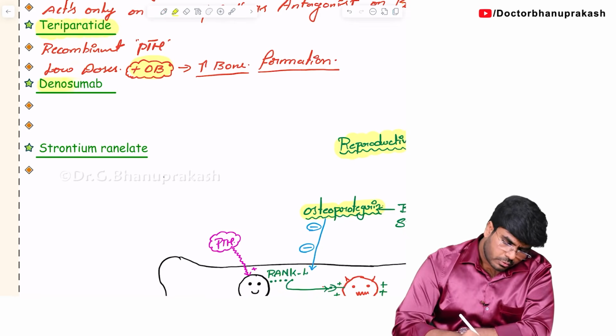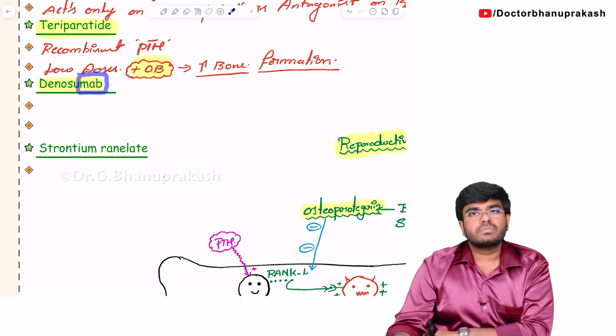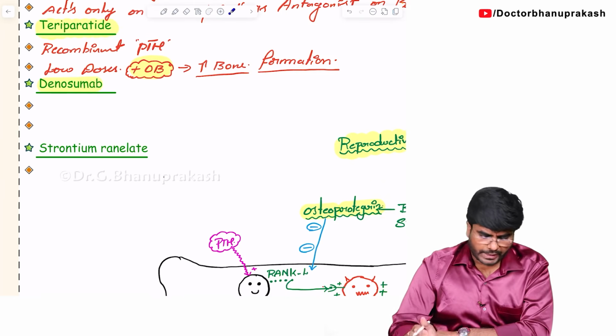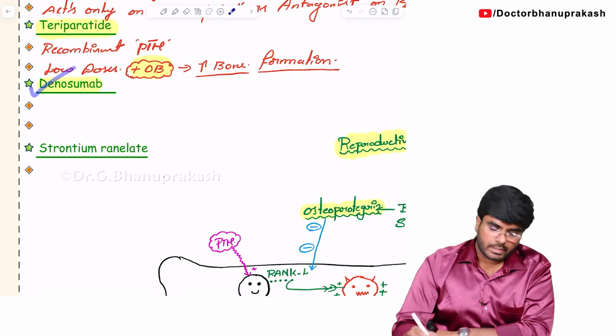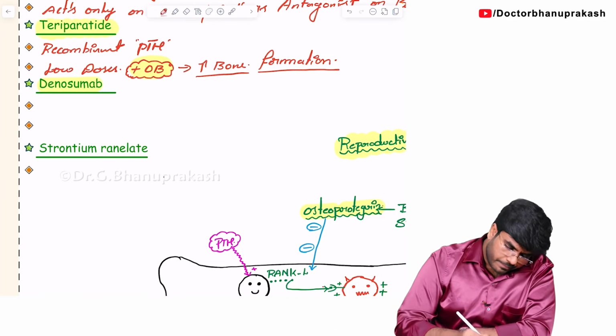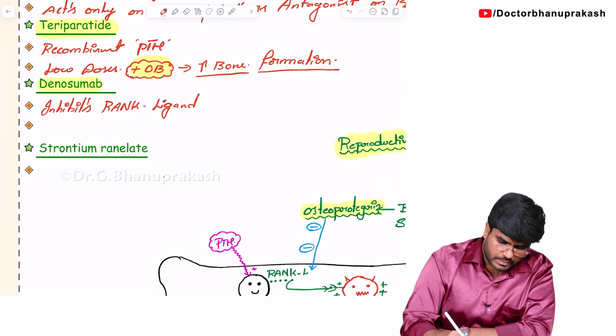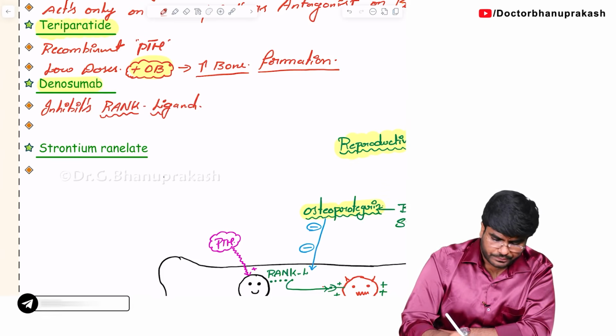Next, denosumab. What does MAB stand for? MAB stands for monoclonal antibody. Anything which ends with MAB means monoclonal antibody. So how is denosumab going to work? Denosumab inhibits RANK ligand in our body.